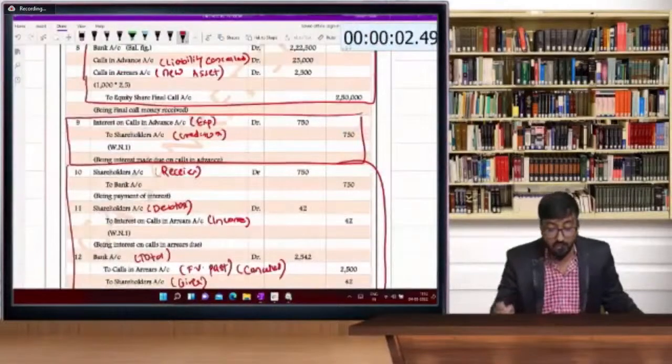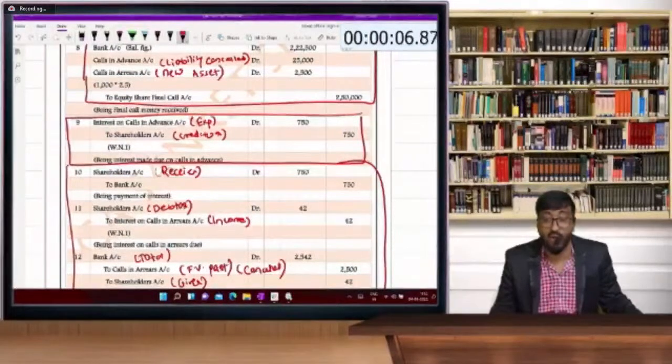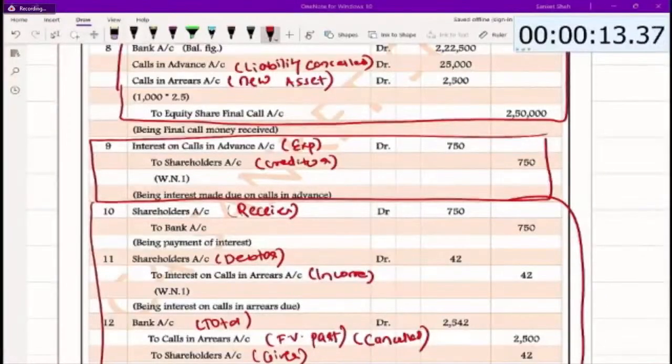So 8, 9, 10, 11, 12, everyone has to write it in the comment section. Chalo, you have 5 minutes. I will check how many of you are writing this. Don't write amounts, but at least recall all entries. Amounts are very easy, but at least try to recall entries. You can do the amounts afterwards. You have 5 minutes to write it.